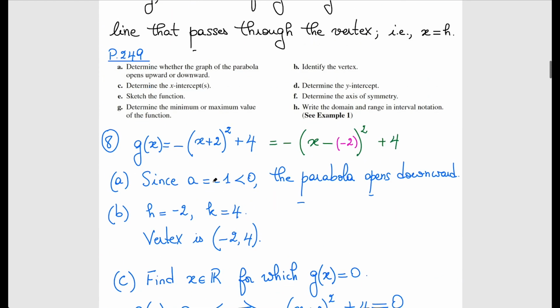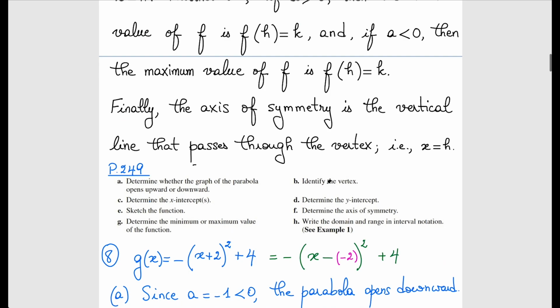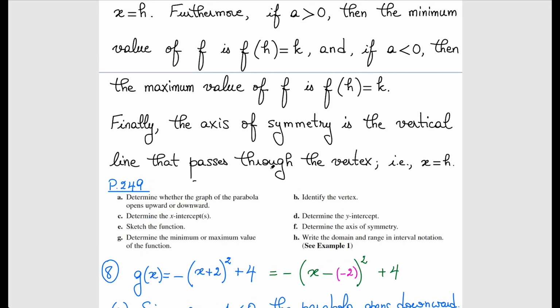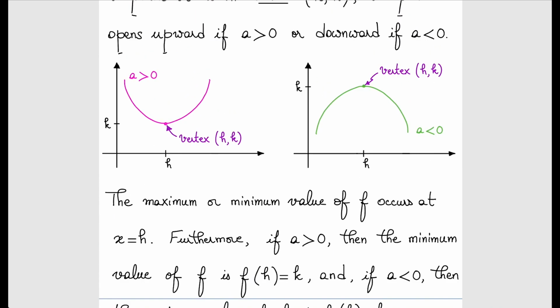So that's part E. Part F, determine the axis of symmetry. Remember in the property before, the axis of symmetry is the vertical line that goes through the vertex, which is x equals h. Okay? So in this case it would be something like this, right? So x equals h is the axis of symmetry.